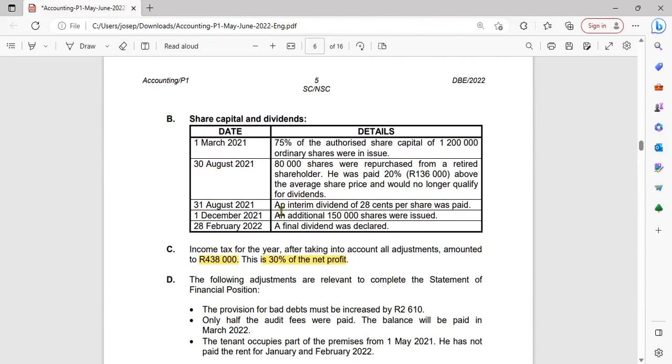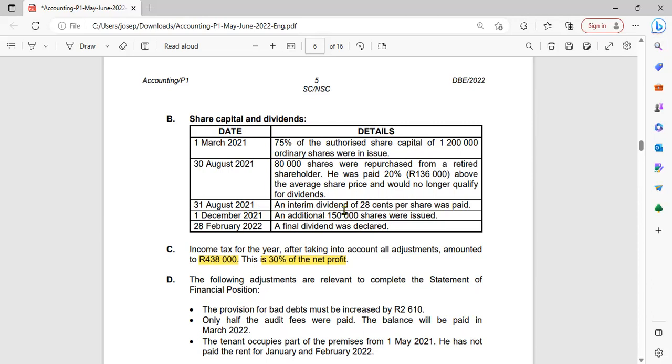And when we pay dividends to our shareholders, we are not going to include his shares because we have repurchased them. He is no longer qualified for dividends.